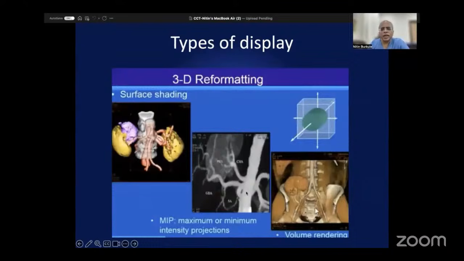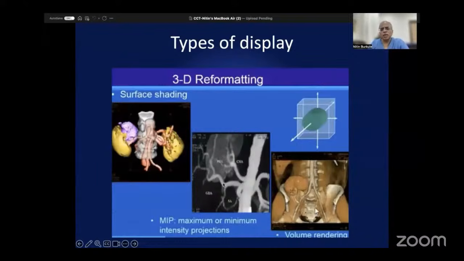Then one can have a volume rendering where you give different colors to the surface of different density objects, and that is very much utilized for the peripheral angiogram and the pelvis and other abdominal structures. And then there is a surface shading which is also possible.